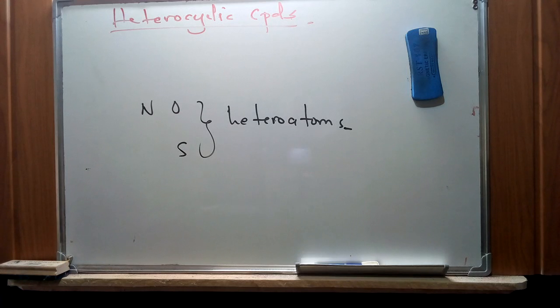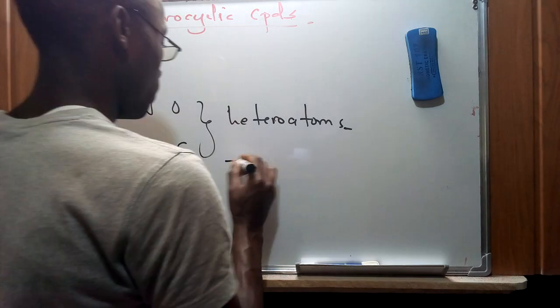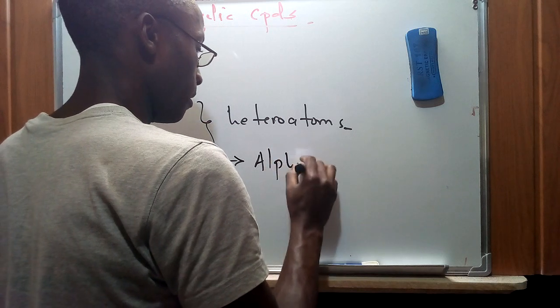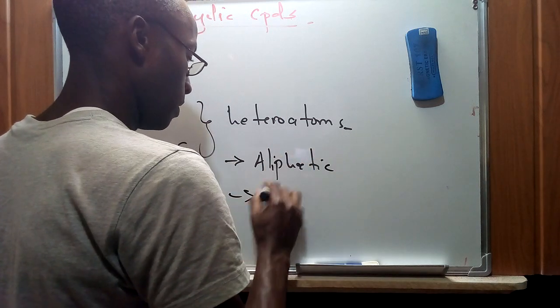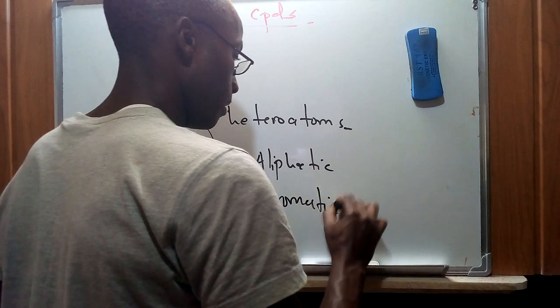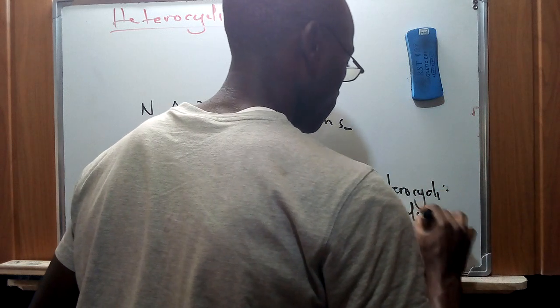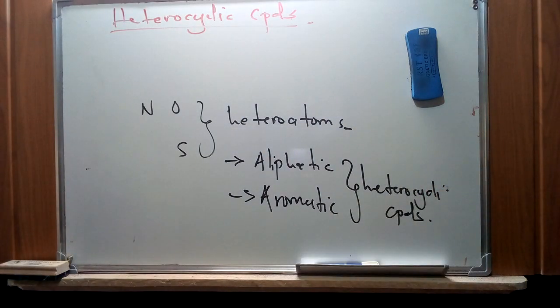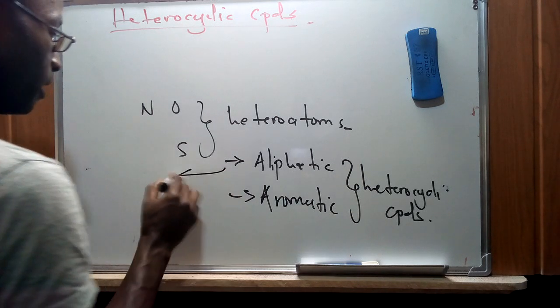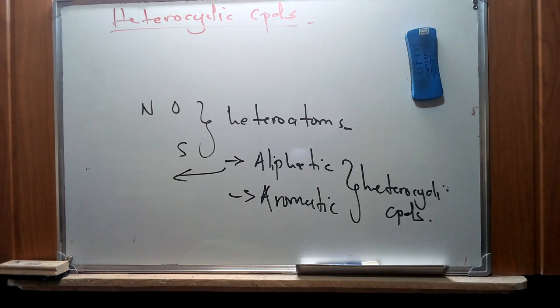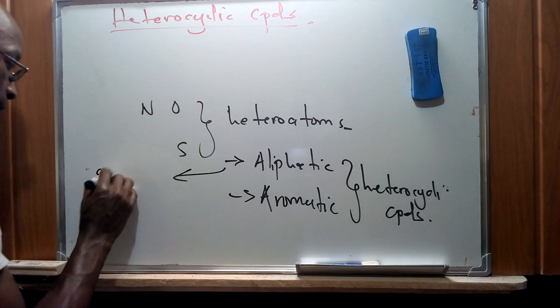Now, these hetero compounds can be classified as either aliphatic or aromatic heterocyclic. As I stated, just like the aliphatic compounds and aromatic series that we have discussed in our videos, these compounds can as well be aliphatic heterocyclic, which have basic analogous structures just like the amines that we discussed.